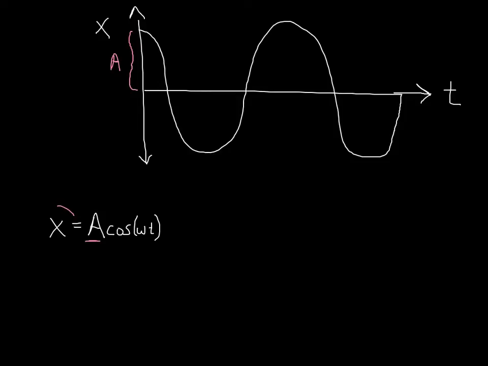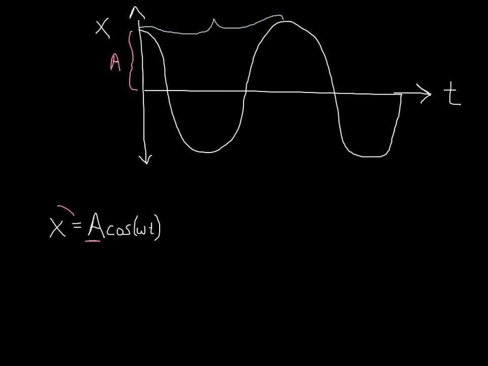Now another variable of interest related to what we've been studying already is the time that it takes me to go from the top of my wave down to the bottom, back up to the top. So it's that little portion of our wave right there. We start at the top, we go down to the bottom, back up to our starting position, back up to the same height, that same amplitude. This has a very specific name.